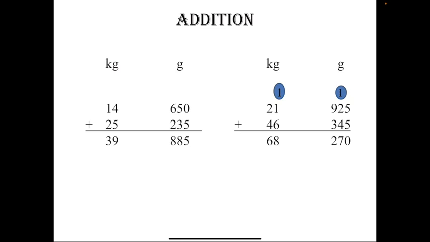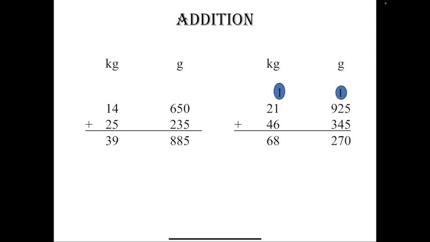Now moving on to the next example. I've got two weights, 21 kilograms 925 grams and 46 kilograms 345 grams.